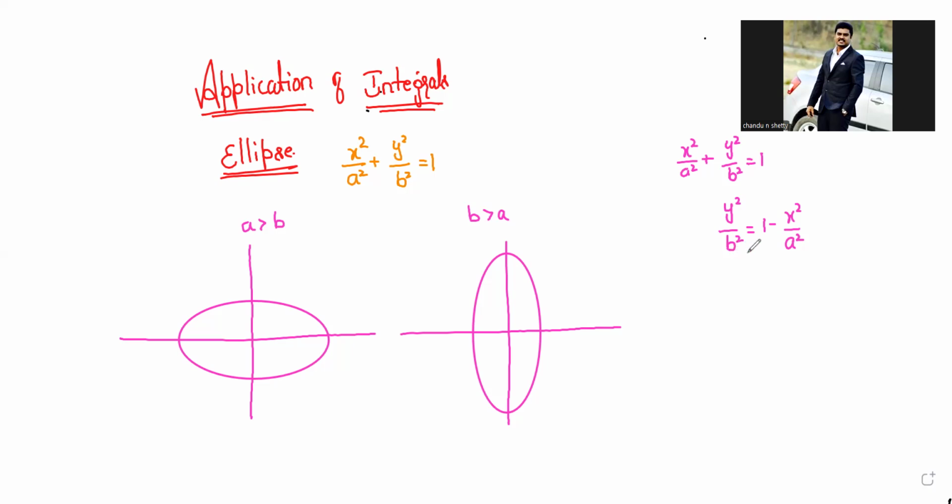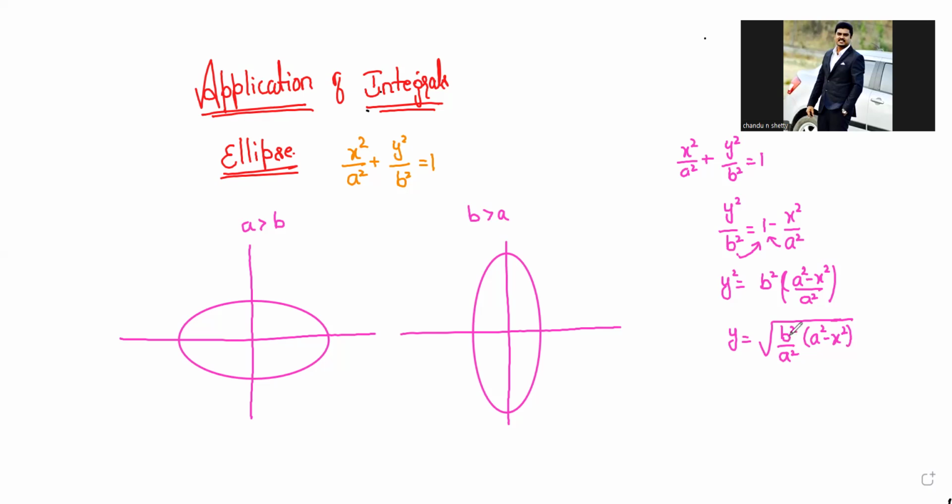So this b square, when you are shifted to RHS side, y square equal to b square of, when you are taking LCM here, a square minus x square by a square, it will come. So the square, when you are shifted to this side, y equal to square root of b square by a square of a square minus x square.